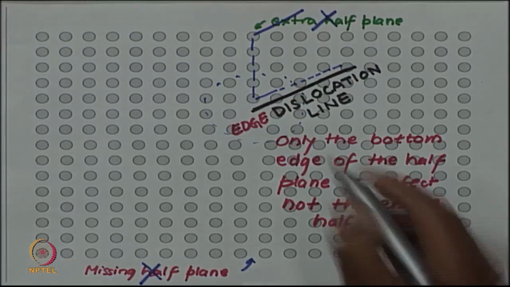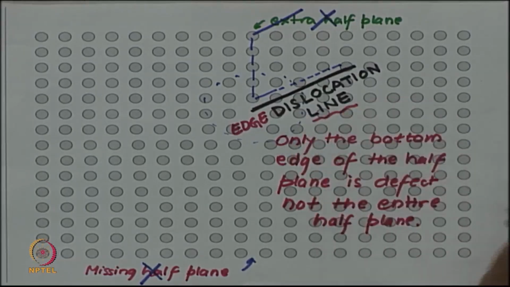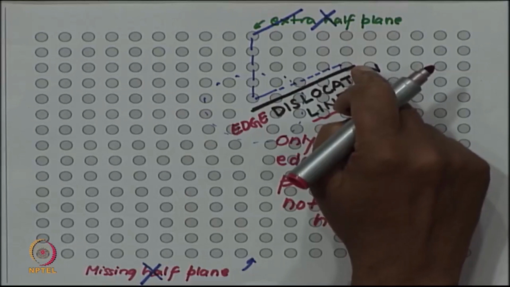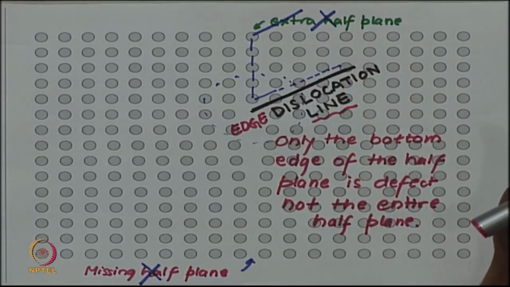And you can see that this is a line defect. Since the entire half plane is not a defect, it is not a planar defect, the defect is concentrated only around this line, and so we will call this a line defect.